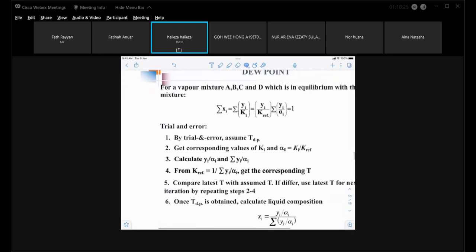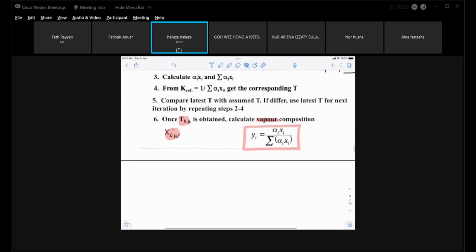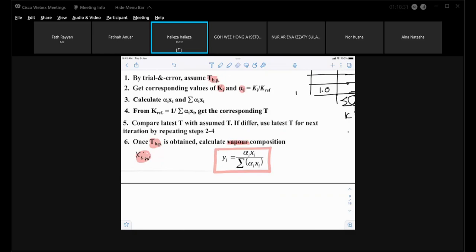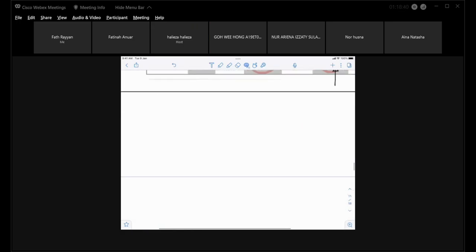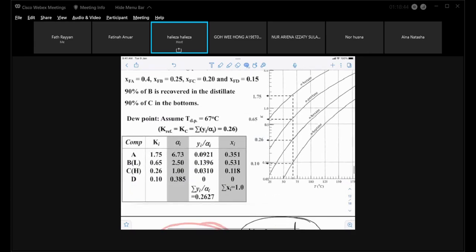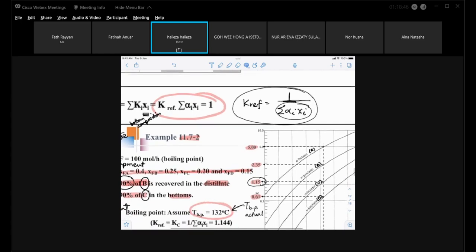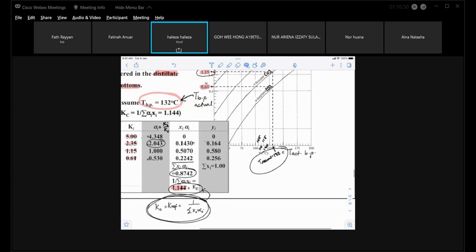Okay, this is for the dew point. I should be looking at the bubble point. That's the equation. Multi-component will be set for the final, and you can foresee that it's going to be quite a long solution because it's by trial and error.